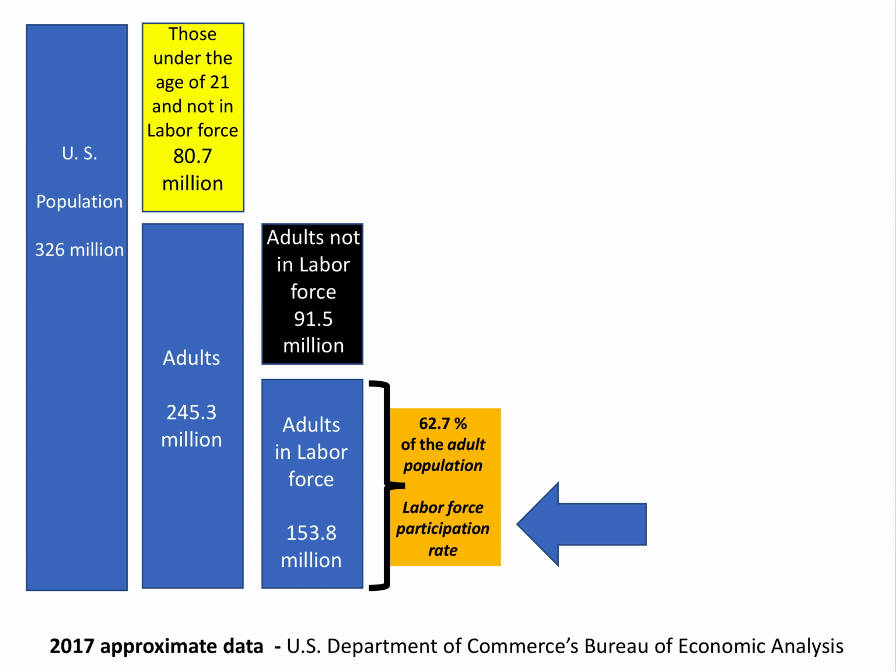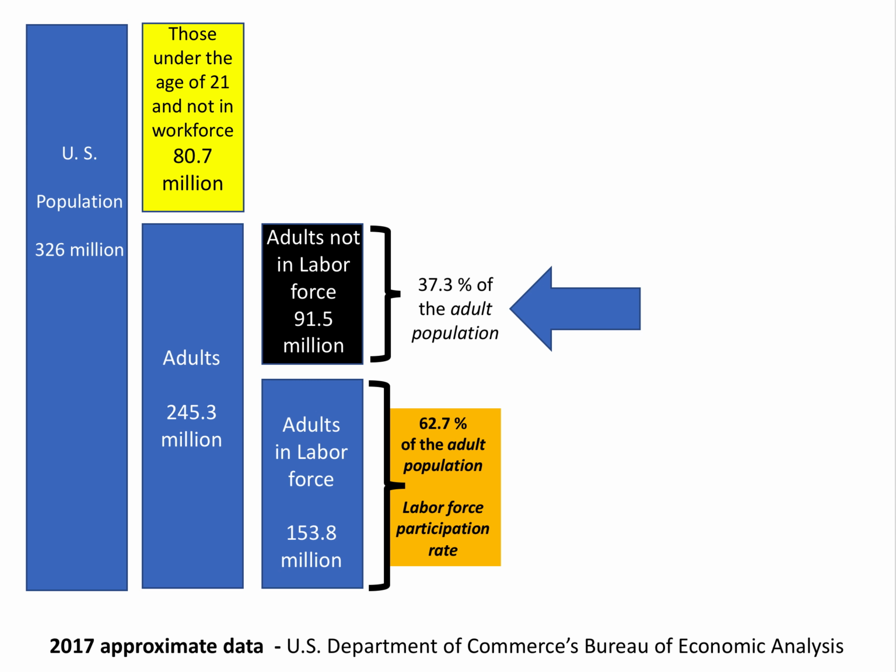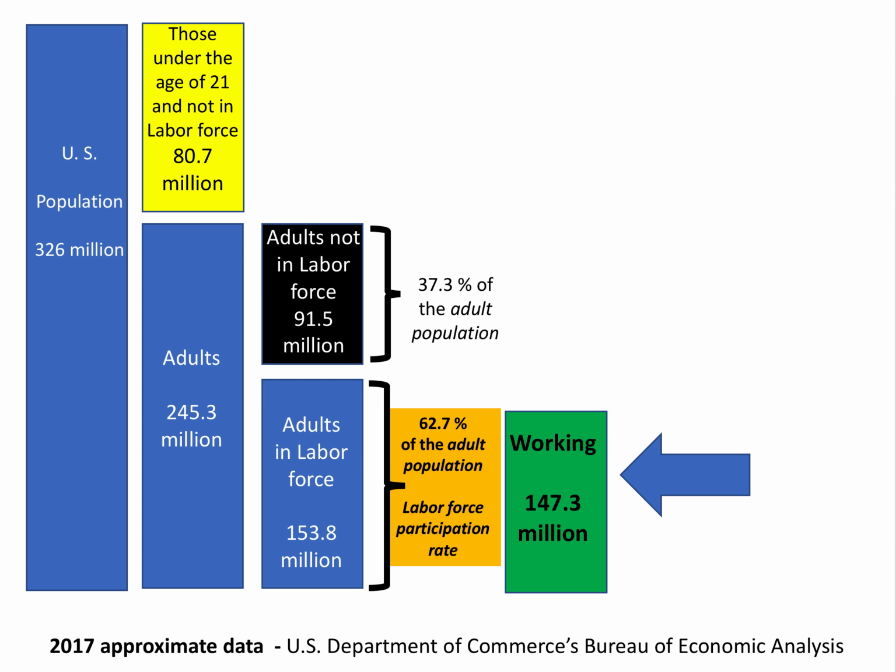And what we're concerned with is we're not really looking at that other group of adults who are not looking for a job, if you will. That's not their mission in life. Okay? So then the next question becomes, of those adults in the labor force, in other words, participating in the labor force, we have 147 million at this time who are working.